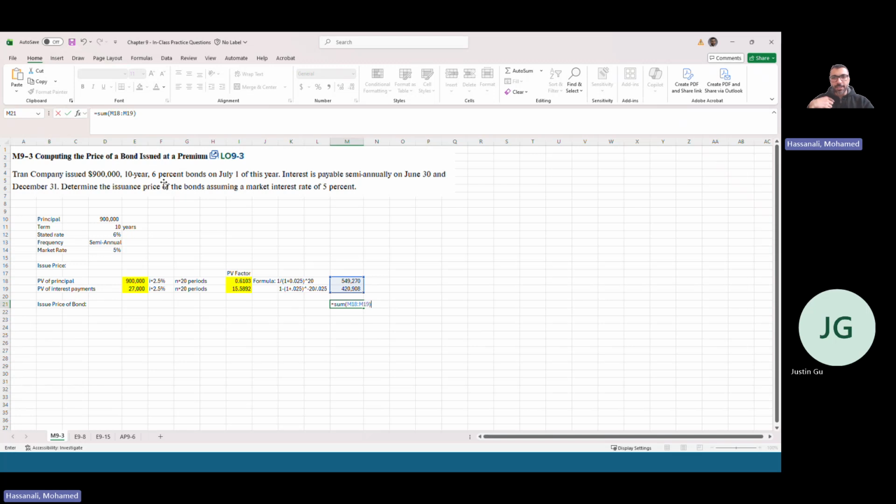So if our bond is paying an interest rate higher than the market, we would expect our bond to be worth more than the face value, i.e., it is issued at a premium. And if we're issuing at a premium, then this number, when we hit enter, should be higher than 900,000. And so we got 970,178. That should tell us that we probably got it right, or we were close if we didn't get it perfectly right. Okay, so we're going to switch and go back to the slides.